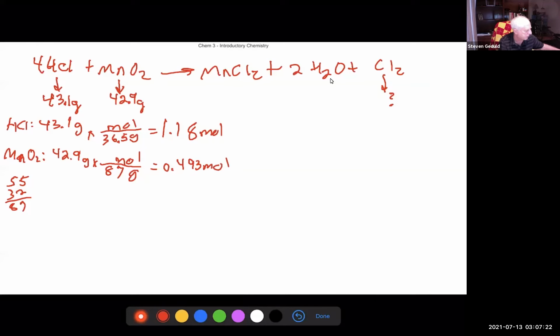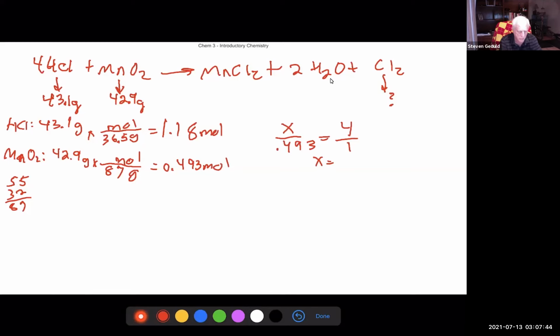All right, let's pick one and do the comparison. So let's set hydrochloric acid equal to X. And then 0.493 is equal to hydrochloric acid is 4 from our equation, and manganese is 1.